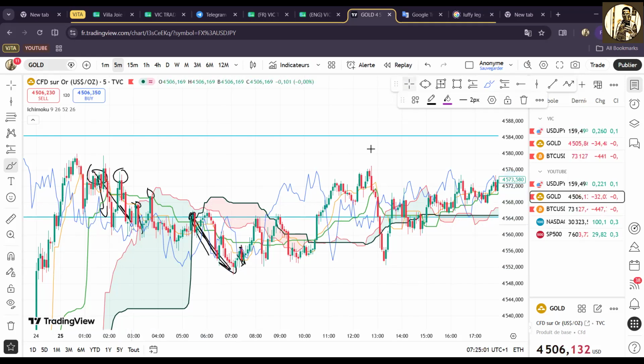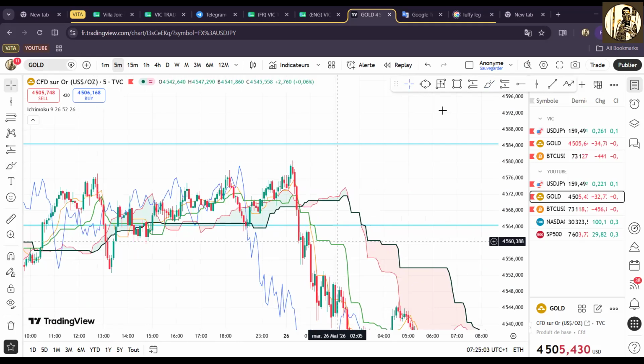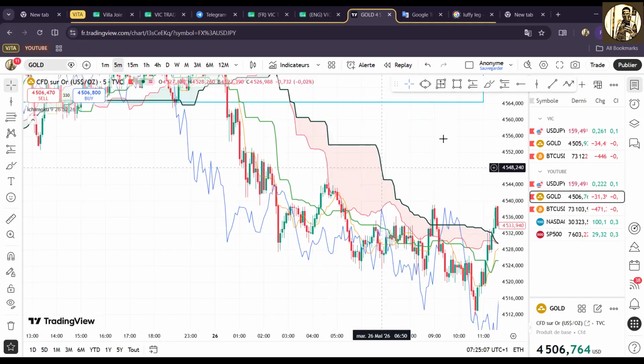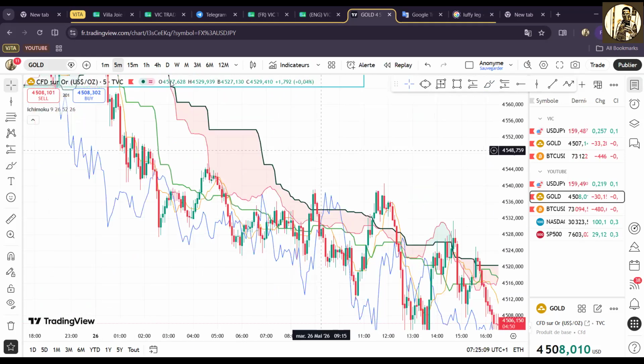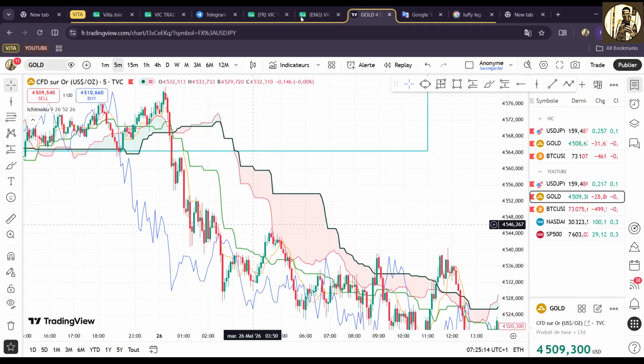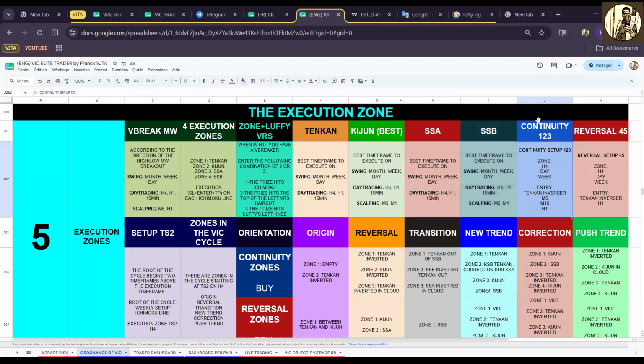That's why I don't advise to use that Tenkan in 5 minutes and 1 minute. That's what I want to emphasize. Okay, so all Ichimoku lines are execution zones for high time frame.